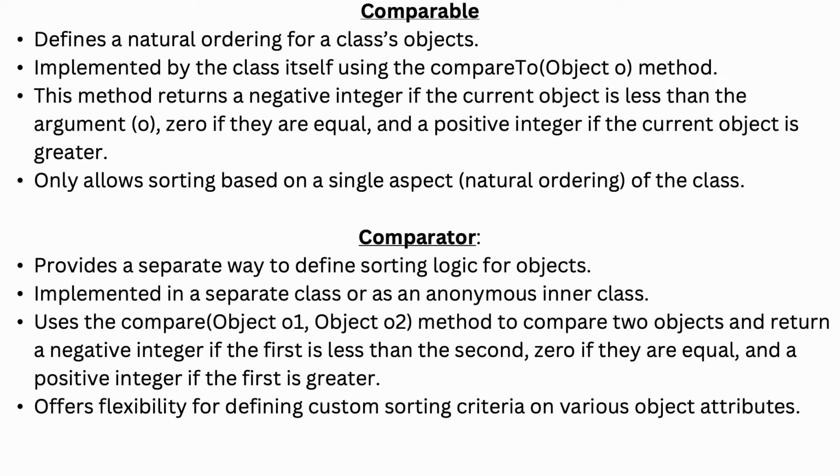Whenever we want to sort the objects in a user-defined way, we should be using Comparator, and it has the compare method, in which we have to pass two objects, object 1 and object 2, and it compares these objects and returns the sorted objects.